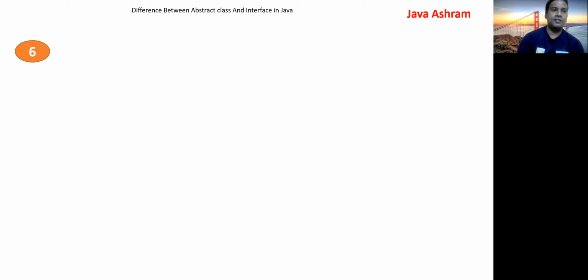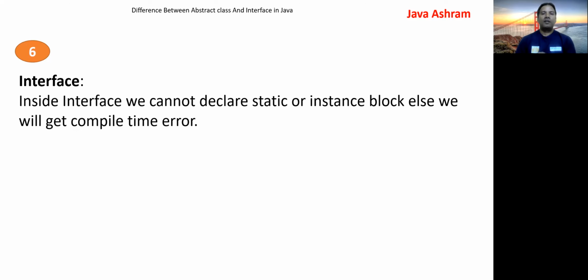Okay, let's move ahead. The sixth difference is that inside an interface, we cannot have a static block or an instance block. Why? Because you are not going to create an object of the interface; an interface object is not available in Java.